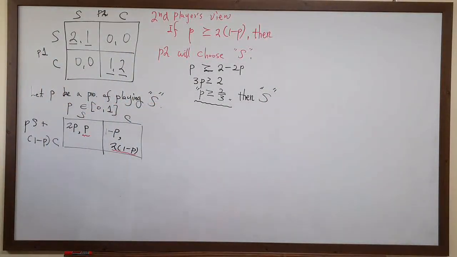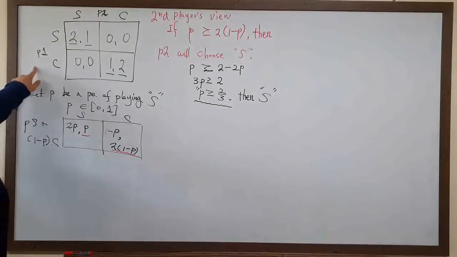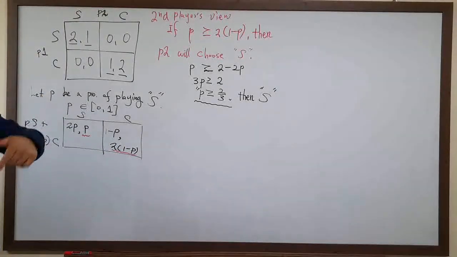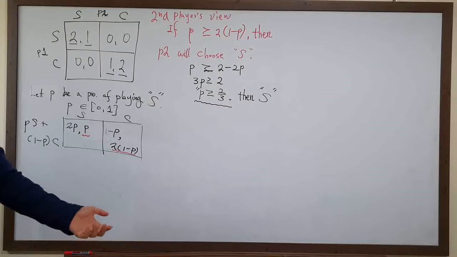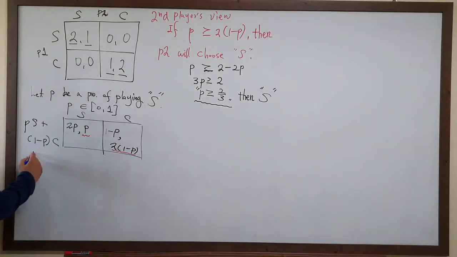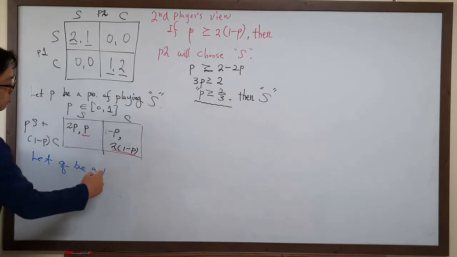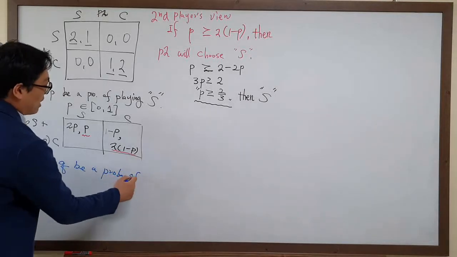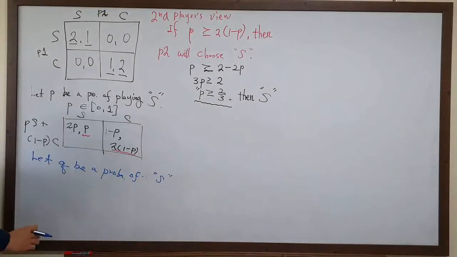But think about it. The fact that the first player can mix implies that the second player also can mix. So let's say Q is a probability of playing S by the second player.